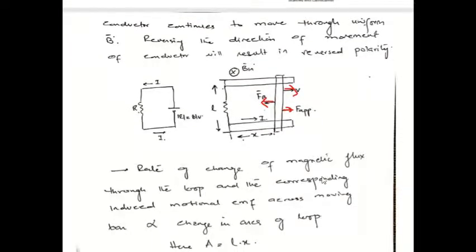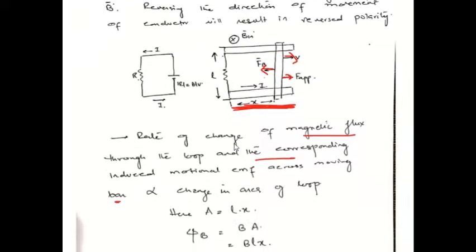The rate of change of magnetic flux through the loop and the corresponding induced motional EMF across the moving bar are both proportional to the change in area of the loop, and we are changing the area of the loop by varying this distance x over here. So area in this case is L times x, and we know that magnetic flux is BA.